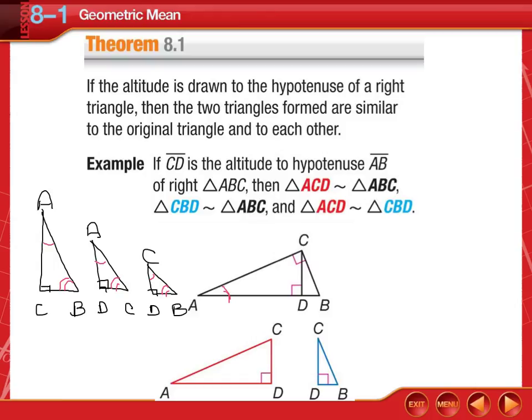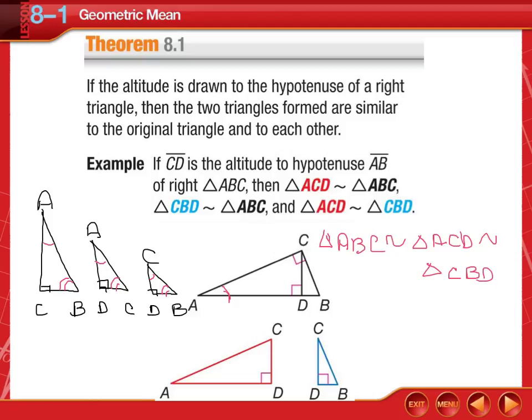So we can write a statement of similarity here. I'm going to start with the large triangle. Triangle ABC is similar to triangle ACD, we would have to put that in that order, is similar to triangle CBD.